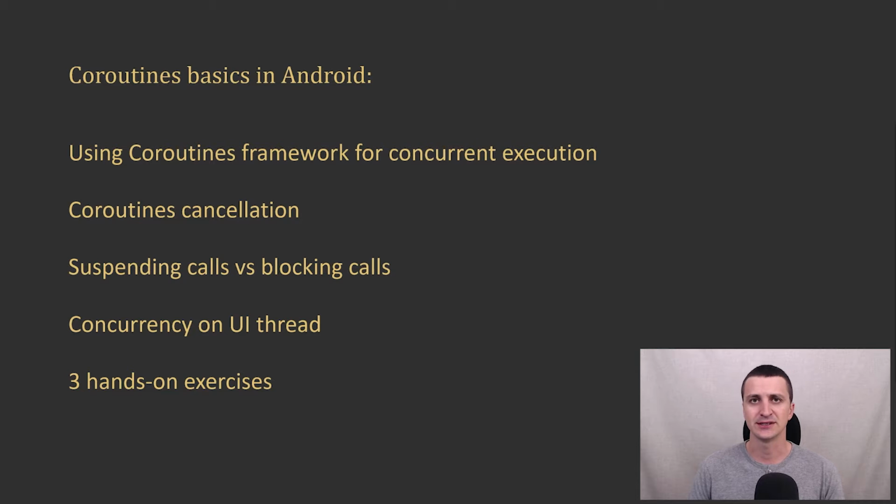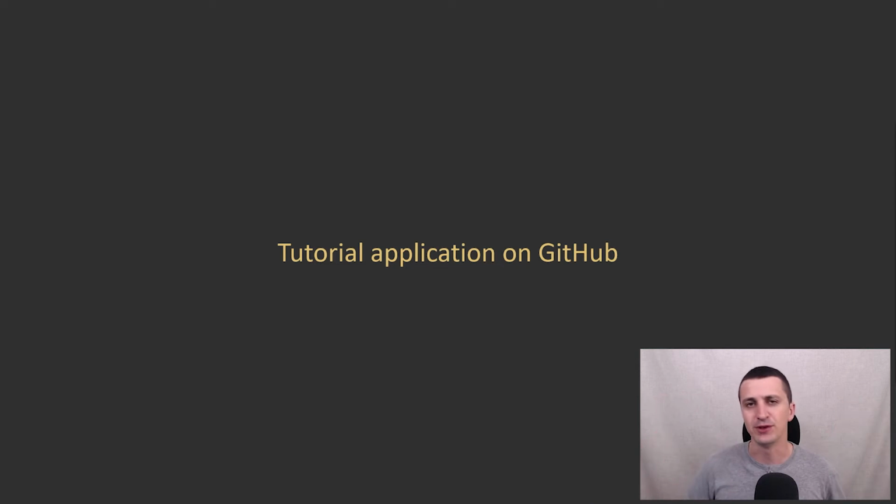Now, the exercises that you will need to solve are all part of the tutorial application, and the source code of the tutorial application is on GitHub. You will find a link to this application in the description of this video. It's somewhere below here. So maybe before you proceed with this video, just go and clone this application to your local machine because you will need it.